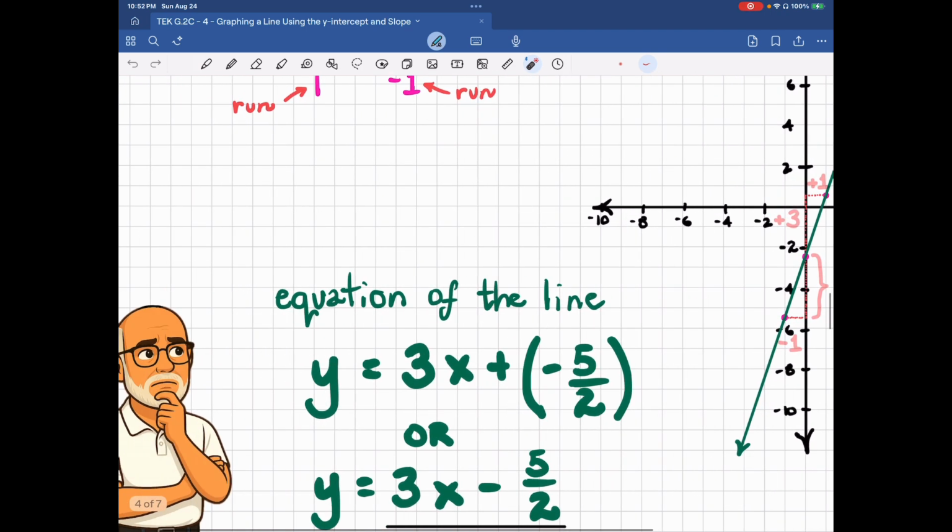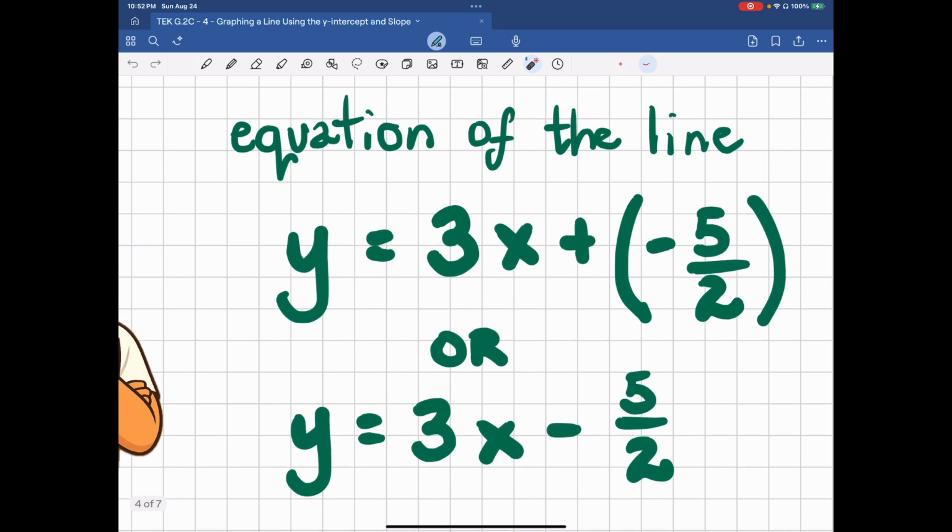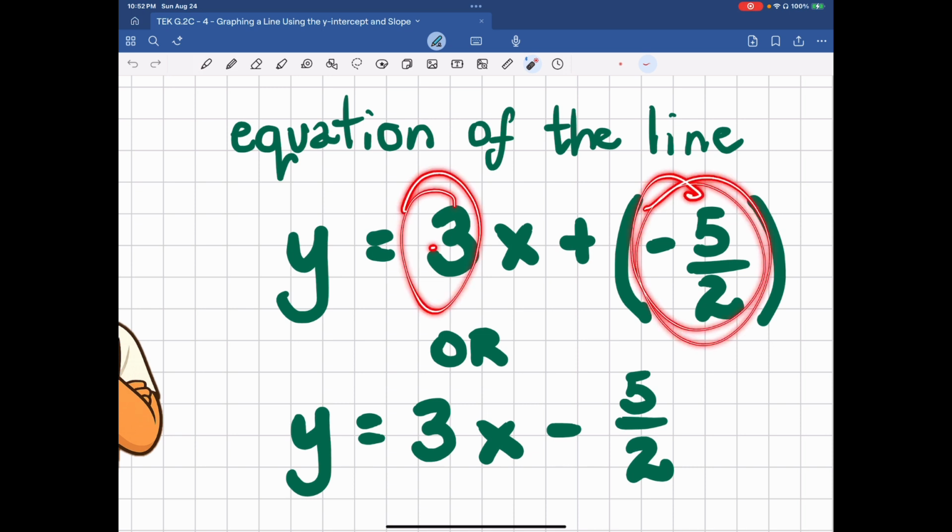I want to come down here and draw our attention to this. What would be the name or the equation of this line? Well, we know that it's in slope-intercept form. So what's the slope of this line? 3. What's the y-intercept? Negative 2.5 or a negative 5 halves.